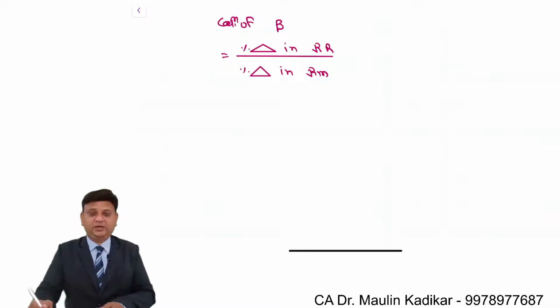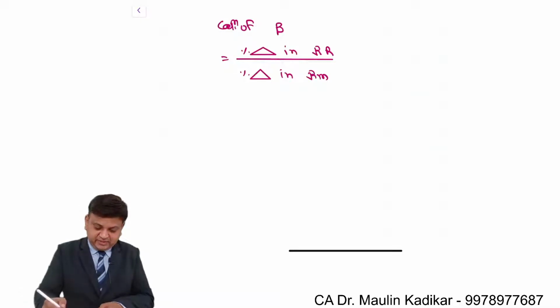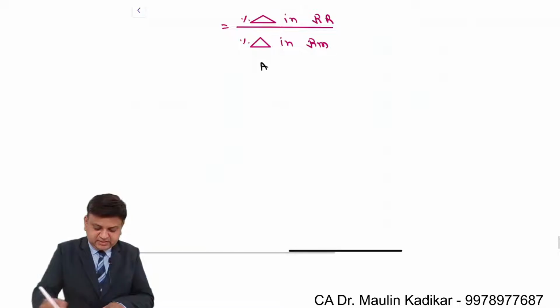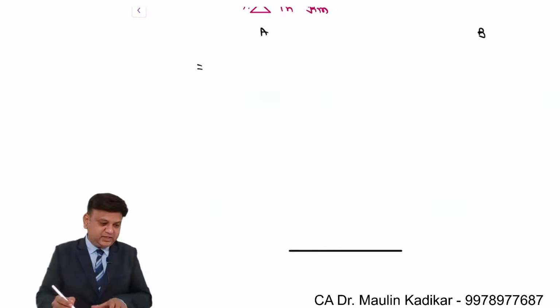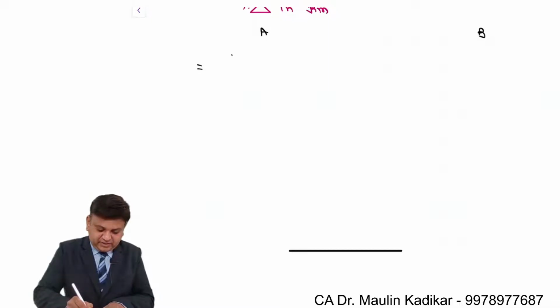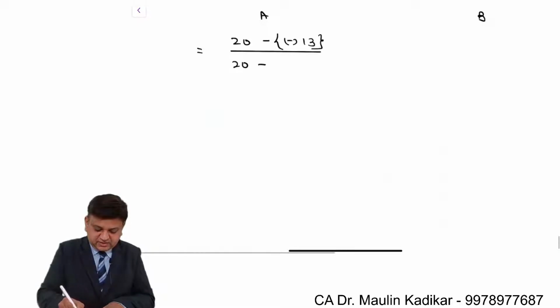Dear students, over here basically we are making an assumption that the given expected returns are based on CAPM. Unless we make that assumption, it is not possible for us to answer. So the change in the required rate of return is positive 20 from negative 13, so 20 minus 13, divided by 20 minus 10.